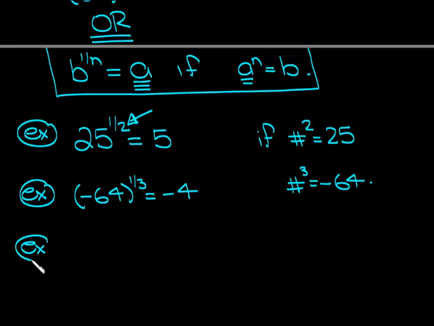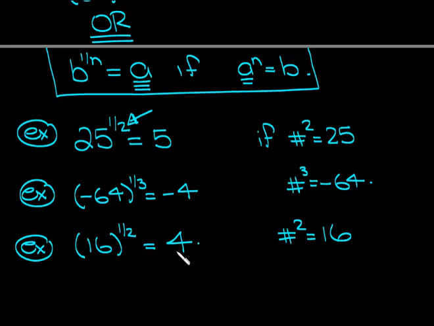Here's another example. How about 16 to the half? Can I find a number whose square is equal to 16? Sure, the number is 4. And one last example. How about negative 36 to the half?